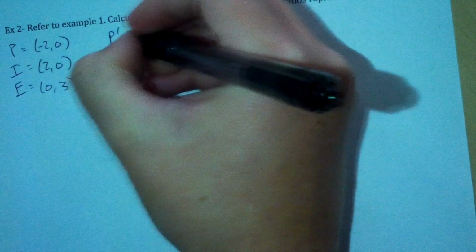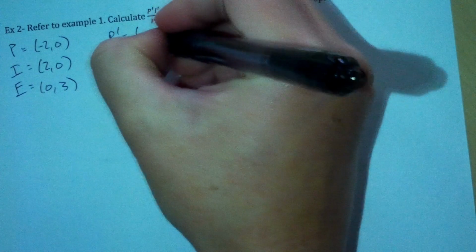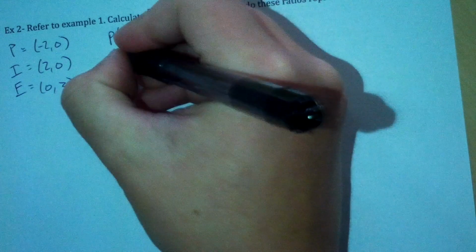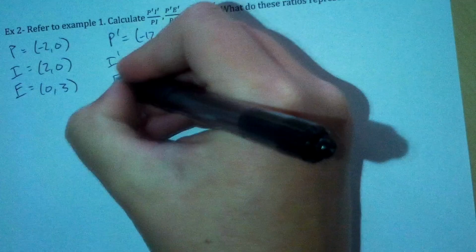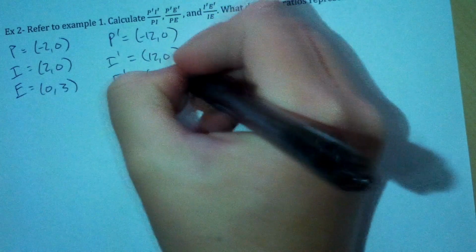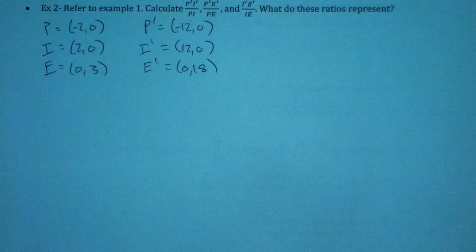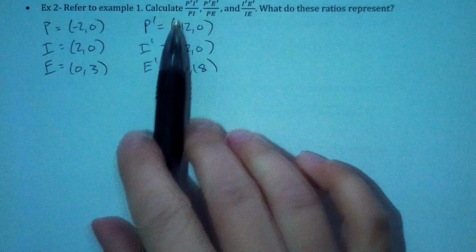For P prime, I prime, we're going to take our P and our I and subtract those. So it would be -12 minus 12 for x, squared, plus our two y values are 0 and 0, so 0 minus 0 squared. When we solve that out, -12 minus 12 would be -24, right?